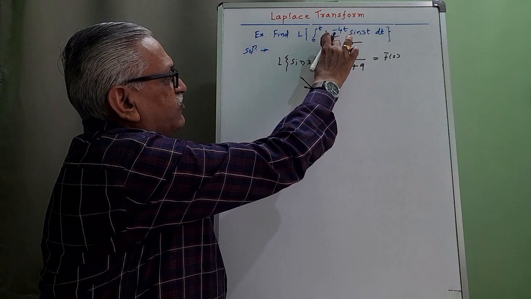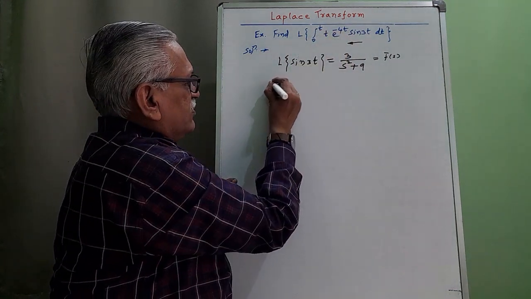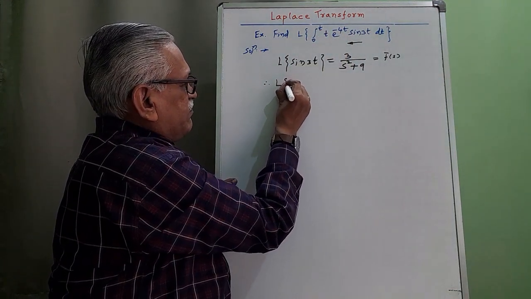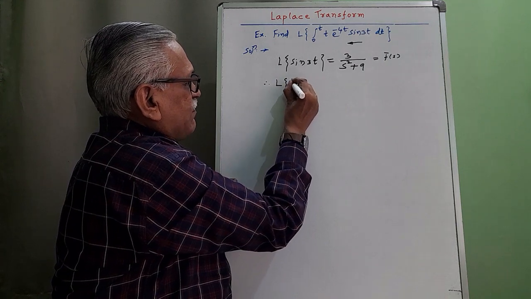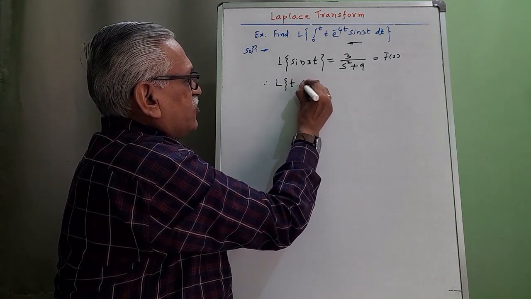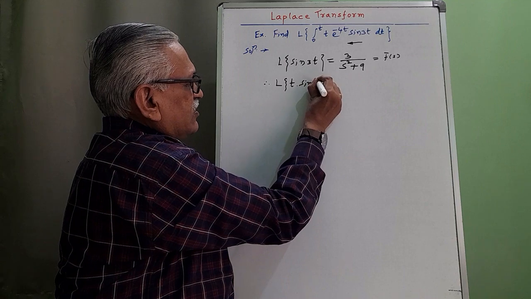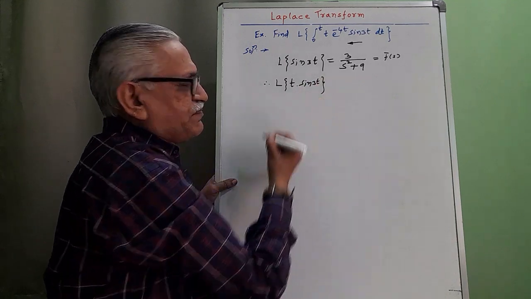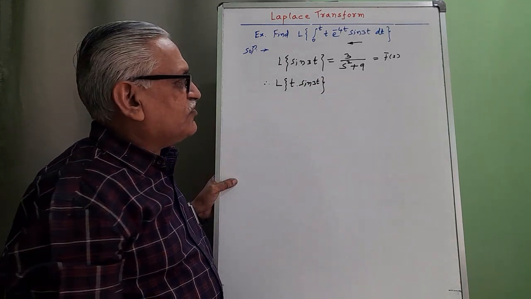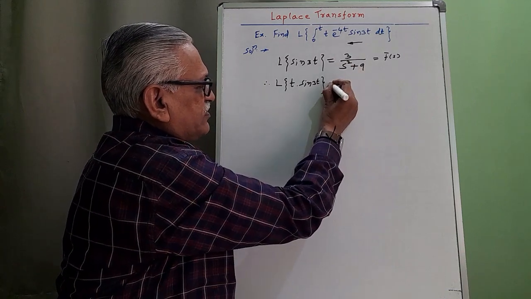Then we multiply it by t, and therefore applying that property, multiplication by t raised to n, the Laplace transform of t into sine of 3t. We have to perform step by step, write clearly all the steps.